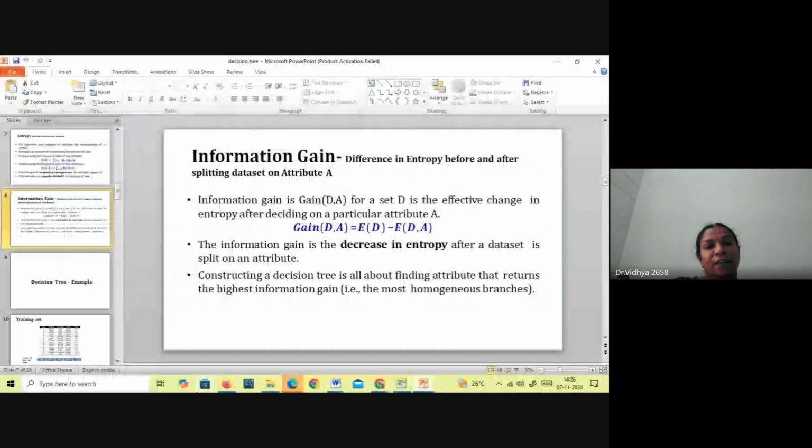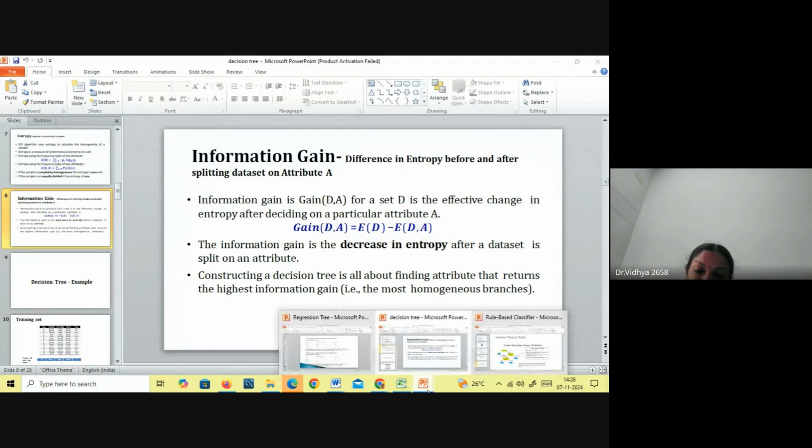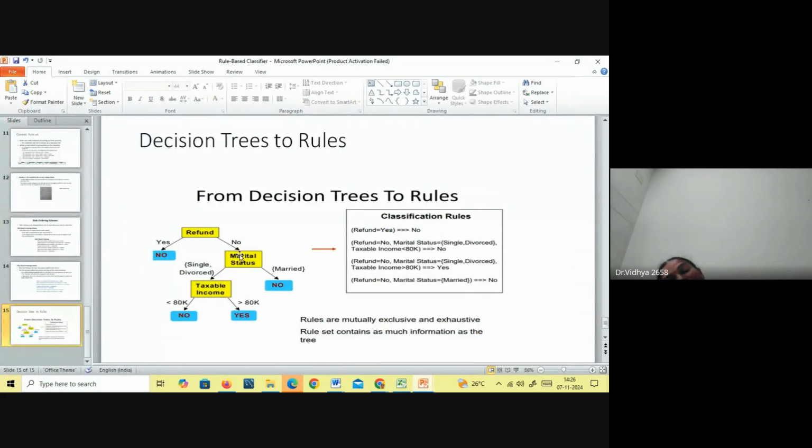Then this is an outline of the decision tree algorithm. Before getting into the problem solving of decision trees, we discuss the rule-based technique. Because for the rule-based classifier too, the decision tree technique provides the basic idea of how to classify.